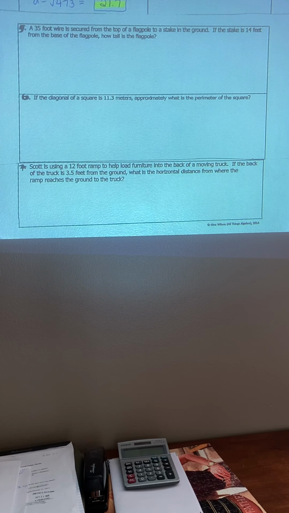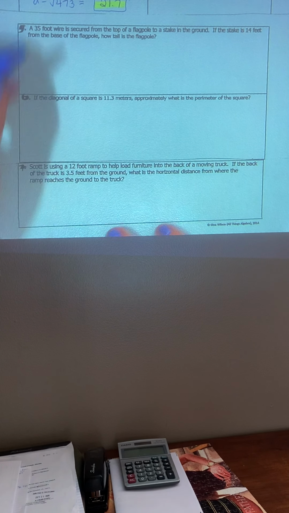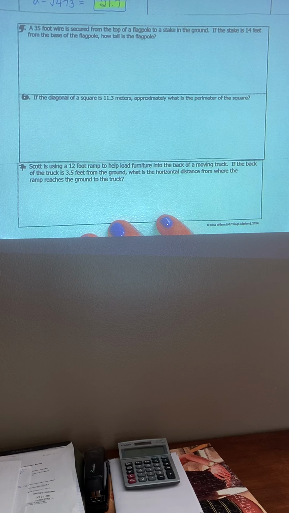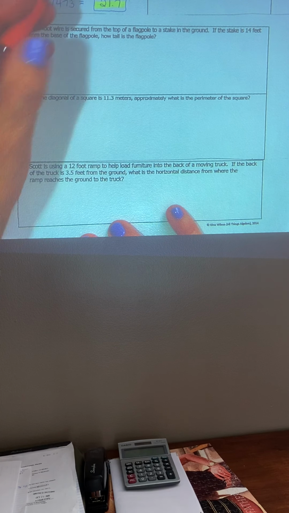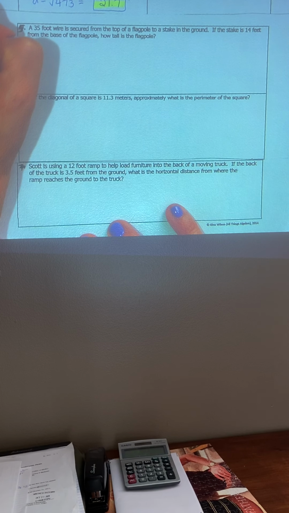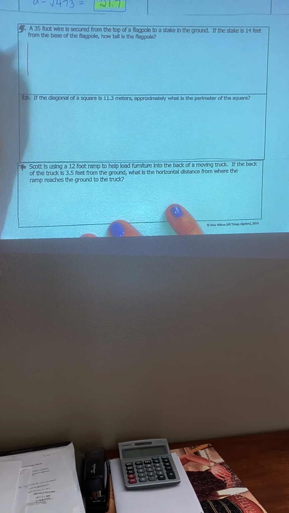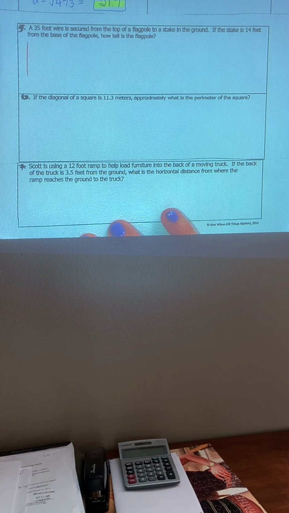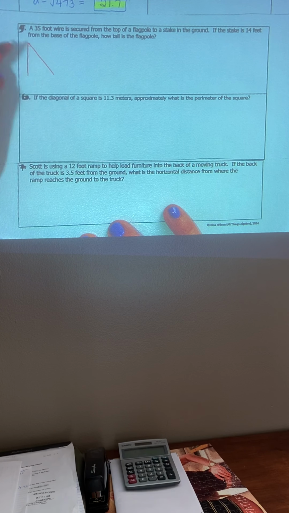A 35-foot wire is secured from the top of a flagpole to a stake in the ground. If the stake is 14 feet from the base of the flagpole, how tall is the flagpole? So here's your wire.